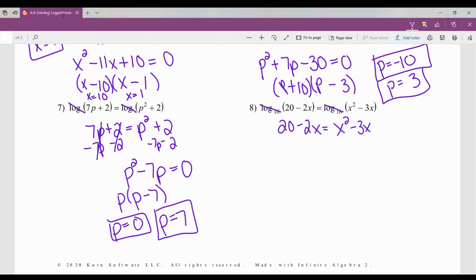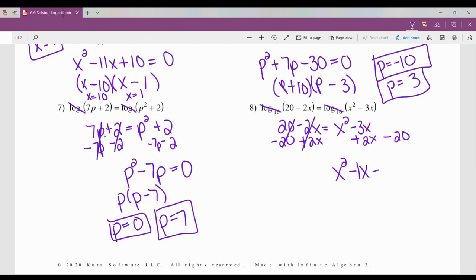Now, once again, I'm going to bring all of my terms to one side and write it in standard form. So this cancels, so we're going to get x squared, a positive 2x and a negative 3x is negative 1x. You can either write it like that or you can put the 1 there.